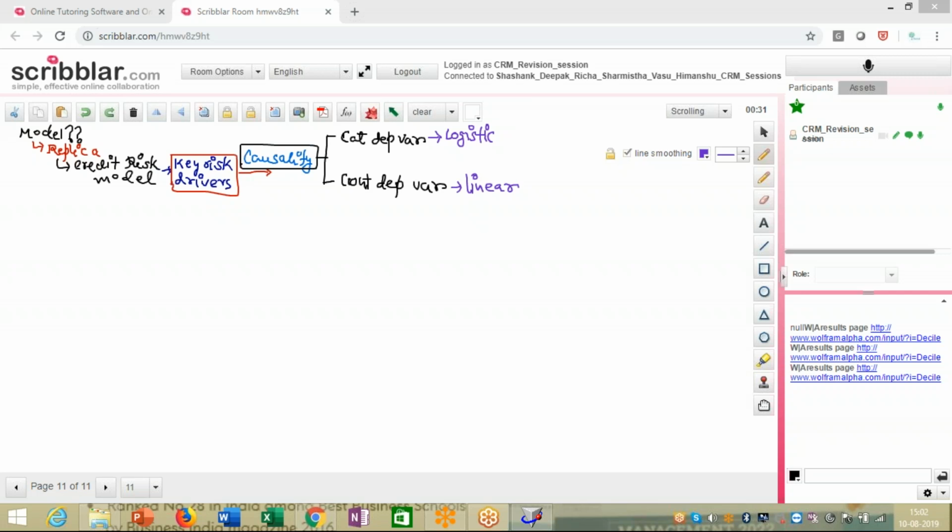To minimize the errors, there are multiple algorithms, and it is these algorithms which create the different classes of regression models that we generally see in our day-to-day work. Right? So is this part clear?